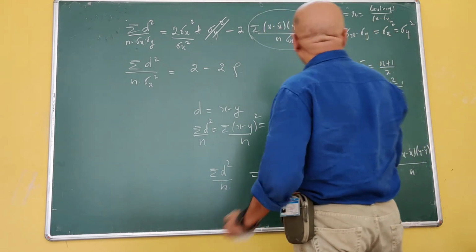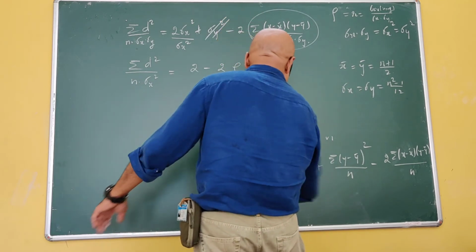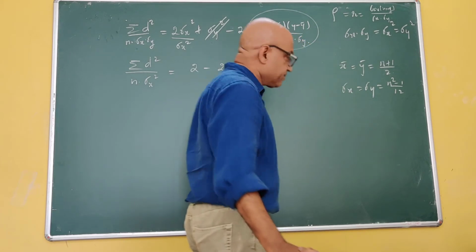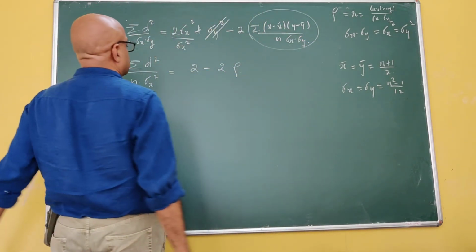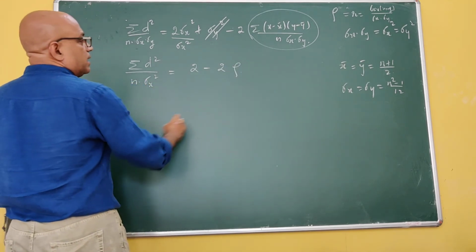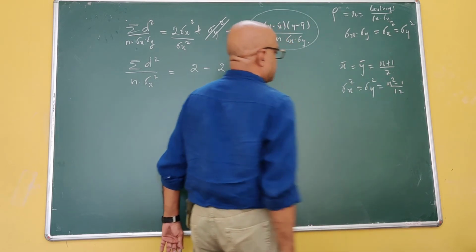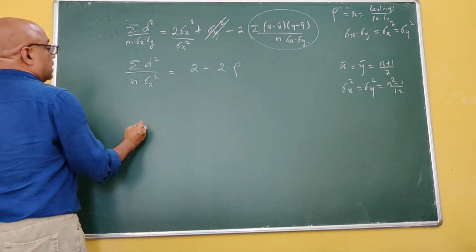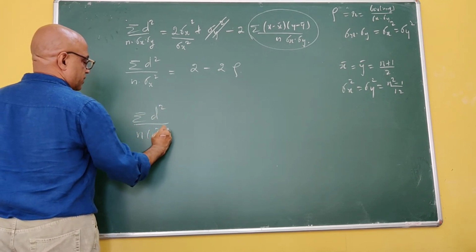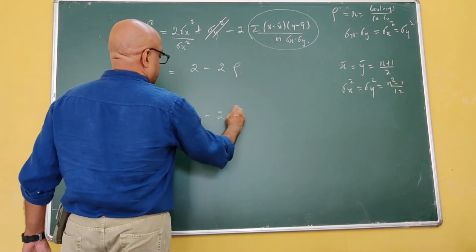It's called the rank correlation coefficient. It comes in a slightly different form, but it's still Karl Pearson's; it just has a special name, as a special case. Now you substitute sigma x square, which gives summation d square into n square minus 1, with 12 going up, equal to 2 minus 2 times rho.